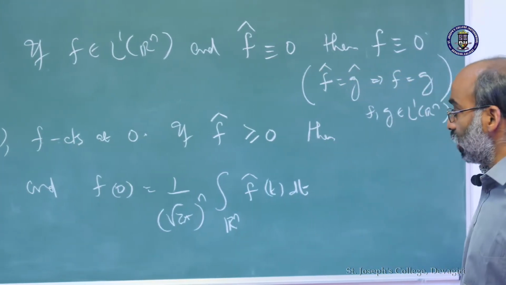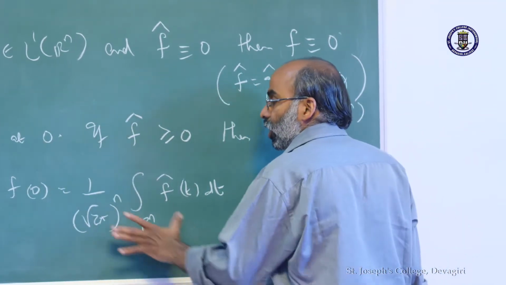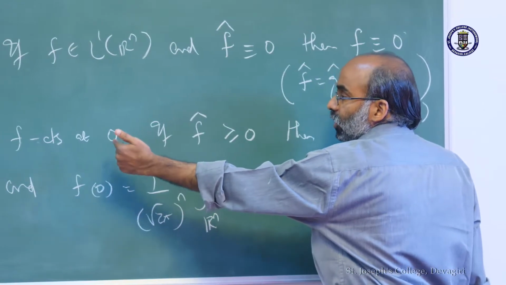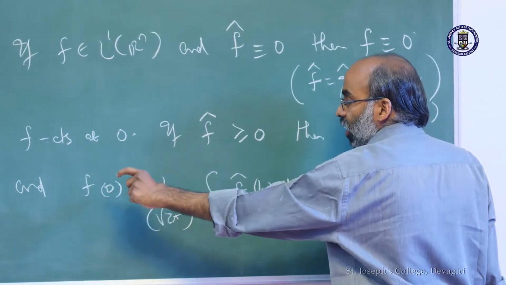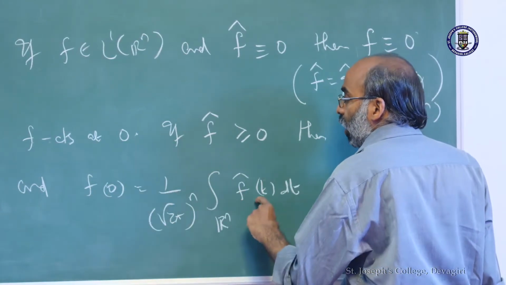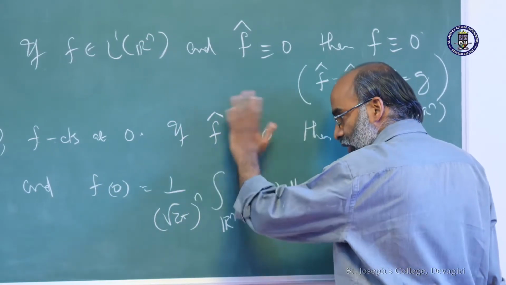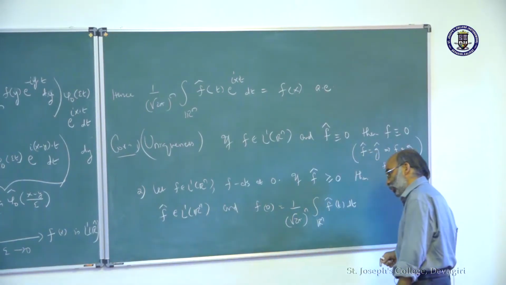The inversion at 0 is true in the sense that f of 0 makes sense because f is continuous at 0. So there is a well defined value for f of 0, and one of the conclusions is that f hat is in L1, it is a positive function, so its integral is finite. So, look at the proof of the inversion.